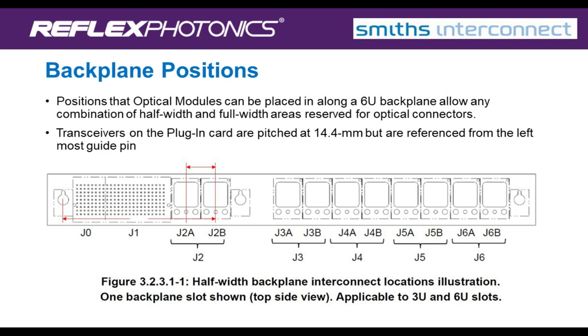But I have to highlight here that the open apertures can actually be combined. You can have bigger ones, but generally speaking, they're pitched at 14.4 for a half width opening with a half width transceiver that I'll show you in a minute. So that's just to get the distances and placement of where these holes can actually appear in the backplane.